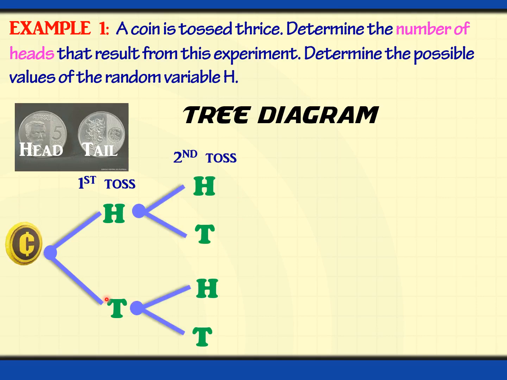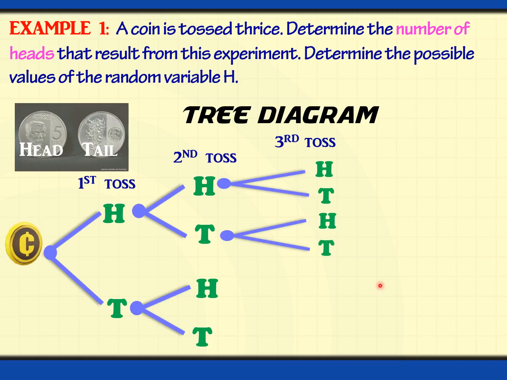Now, if we have a tail on the first toss, on the second toss, we could either have a head again or a tail. Now, on the third toss, it could be a head or a tail again for all those possible outcomes. So we'll just simply put the possible outcomes here, which is your head or your tail.